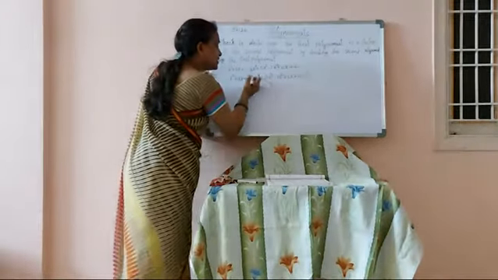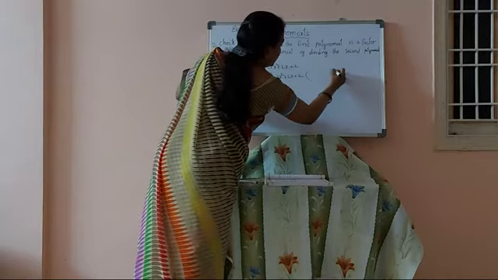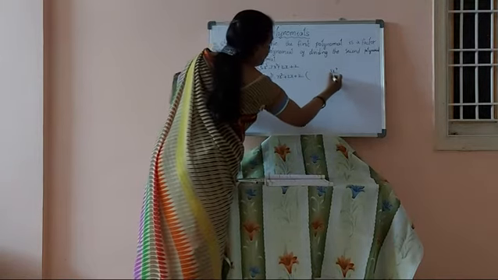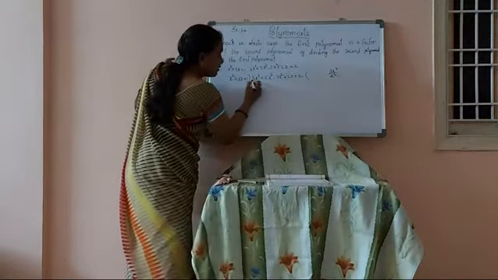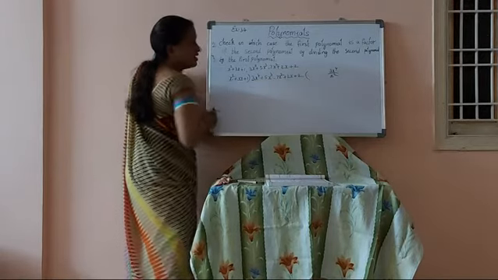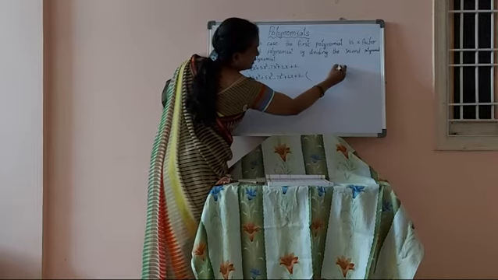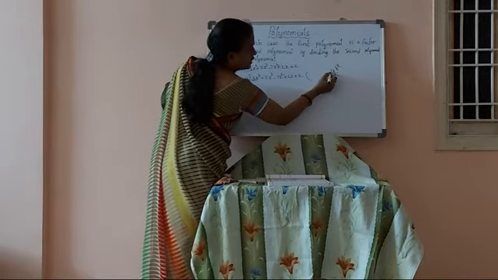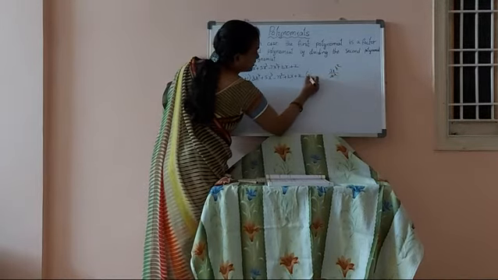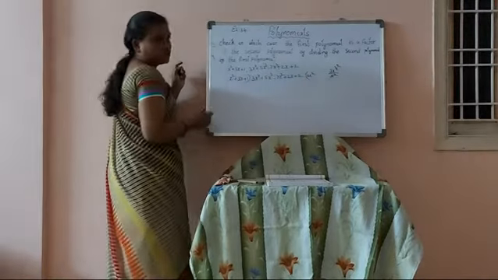So first divide this 3x power 4 by x square. First term of the dividend by the first term of the divisor. You will get 3x square. So 3x square is the quotient.